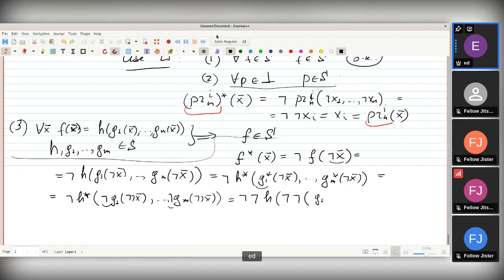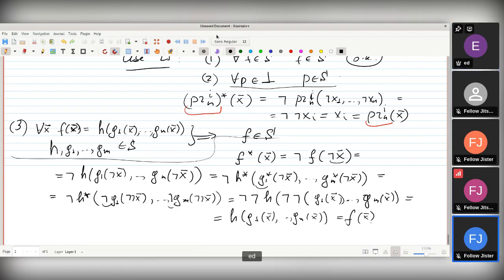And I will apply these negations twice to this tuple. As a result, we see h of g1 and so on, gm of x here. It is just our f of x. Is it clear?